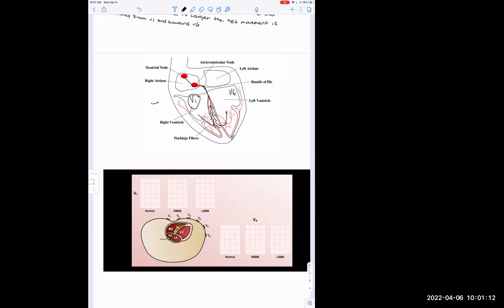So let's do this to kind of declutter this picture a little bit. We'll go here and we'll make V1 out here to get it out of our field, and V6 here. These are our leads. Okay.